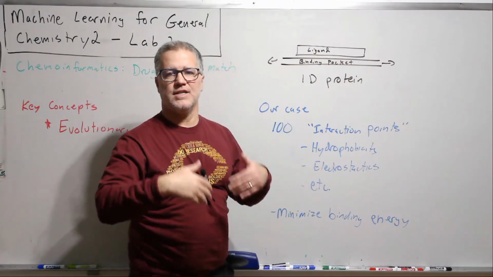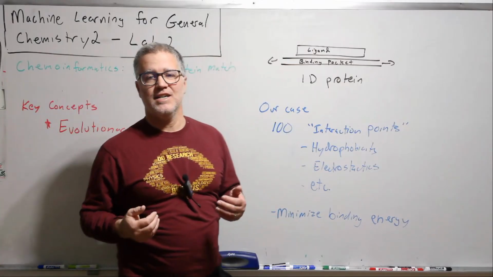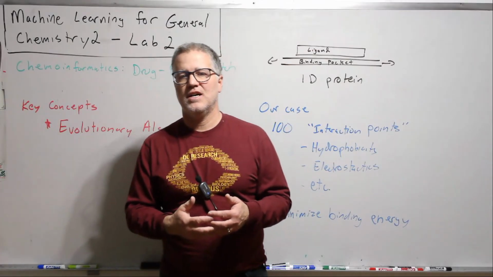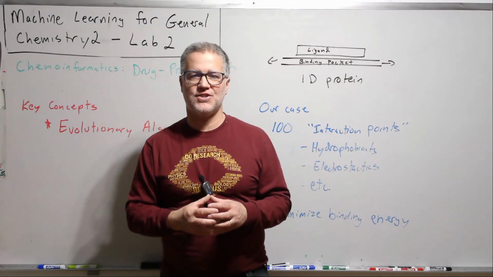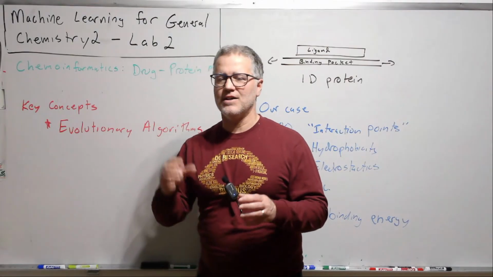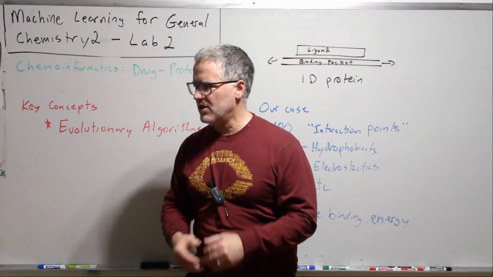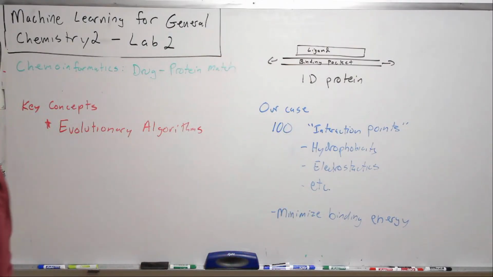Then rank those, and so on and so on. And what we'll see is that with a remarkably small number of generations, you get a ligand that matches the protein very, very well. So let's go to the computer and run through this.